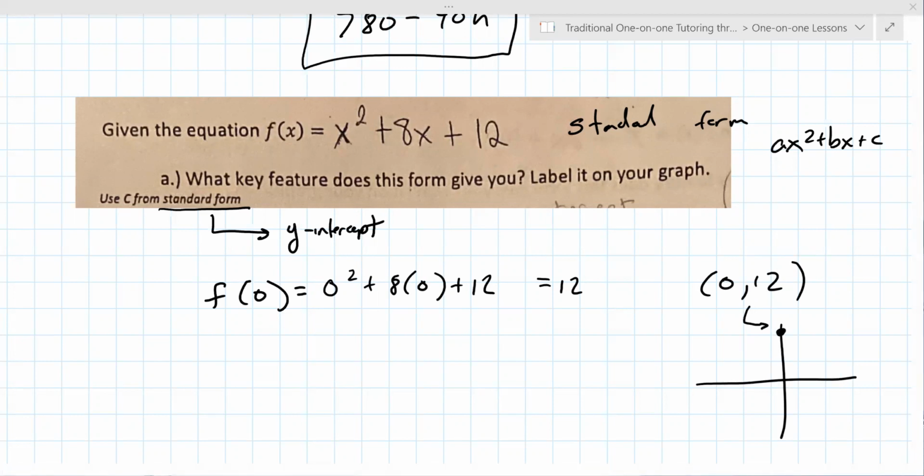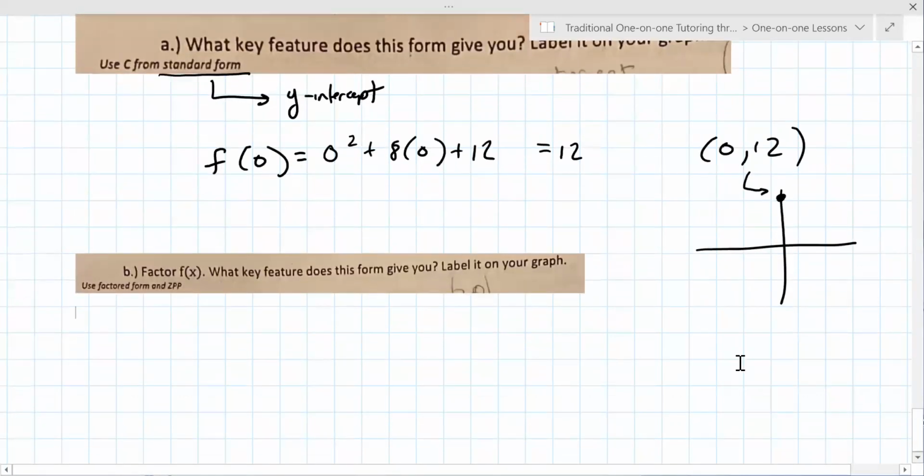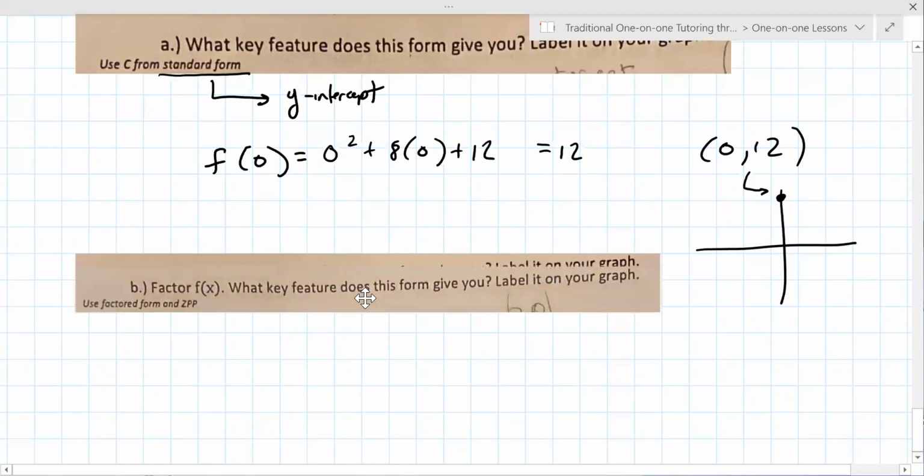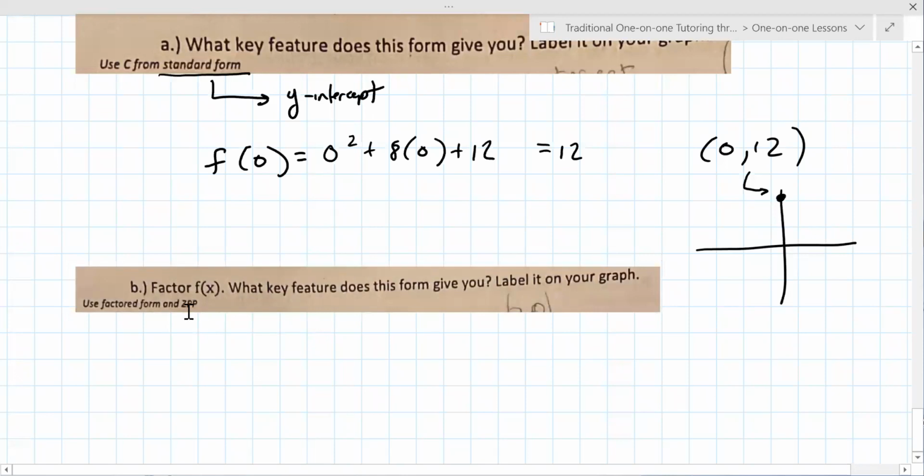So now part B says to factor. What is ZPP? I don't really know. I don't think you ever went over the ZPP. I guess it's just whatever you'd normally do.